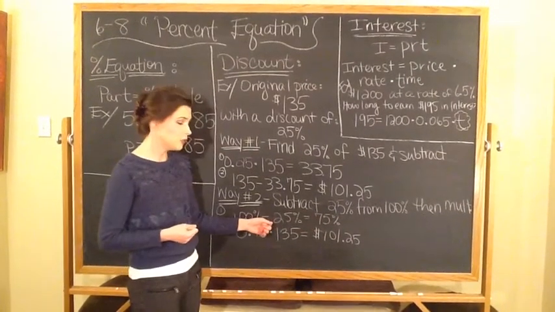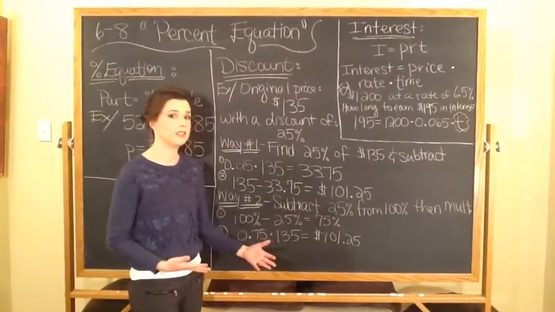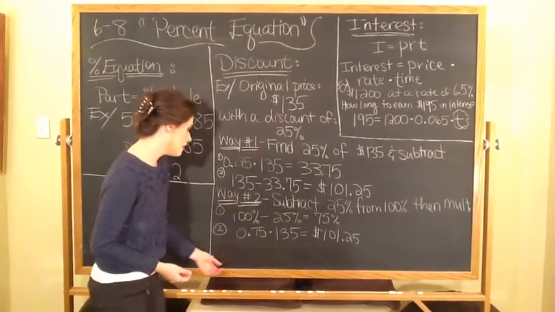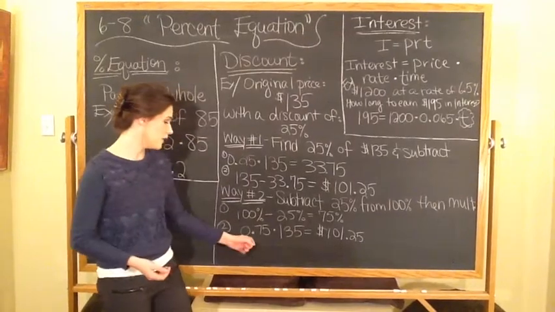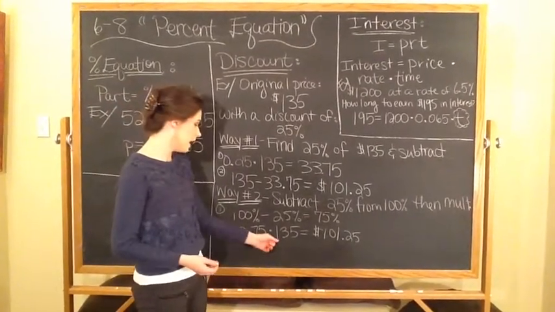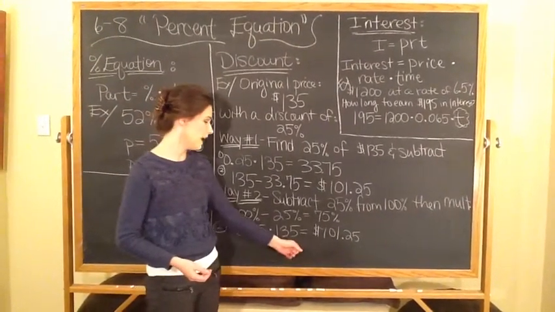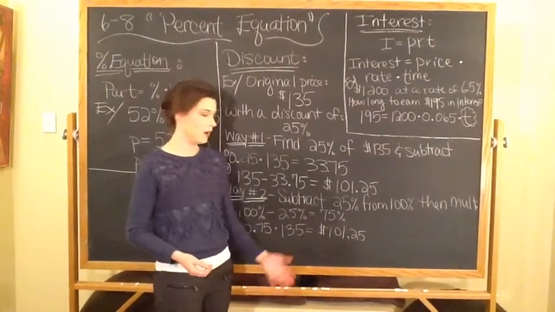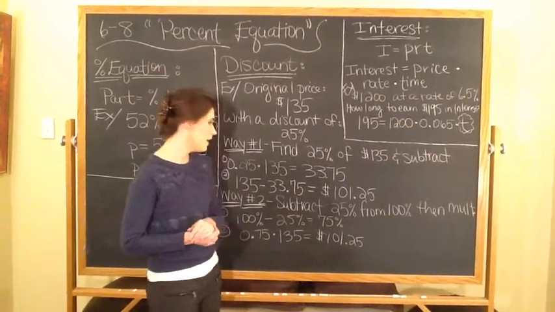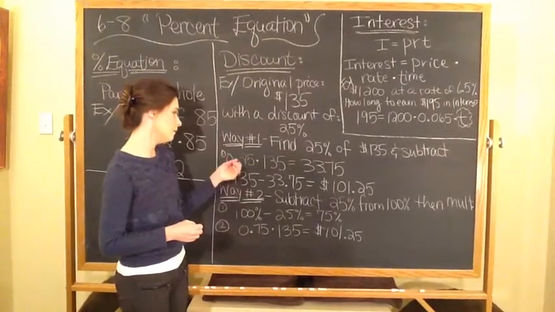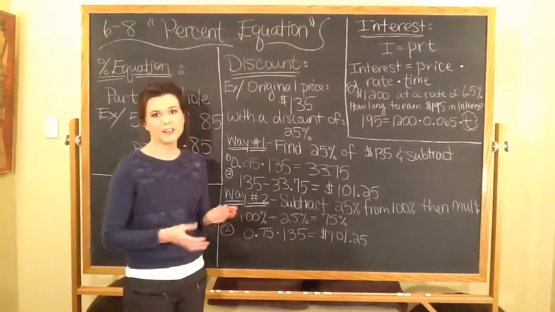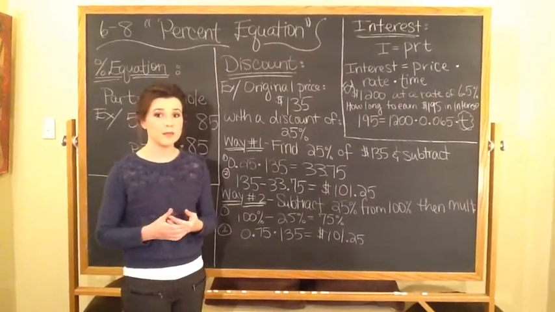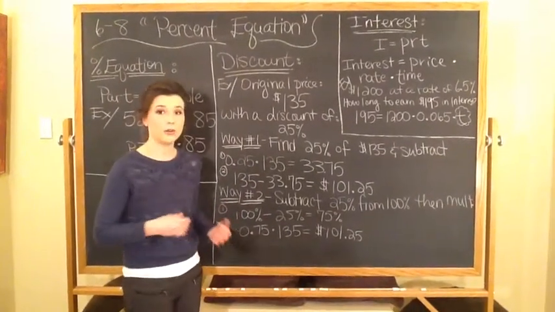So with a discount of 25%, we're actually only paying for 75% of the item. Then we change that 75% into a decimal, 0.75 or 75 hundredths, times our original price of 135, and you get straight to $101.25. So if you want to skip the multiplication then subtraction, you can subtract first and then multiply. It doesn't really matter. You're doing pretty much the same amount of steps, but whichever one makes the most sense to you, go ahead and use that method.